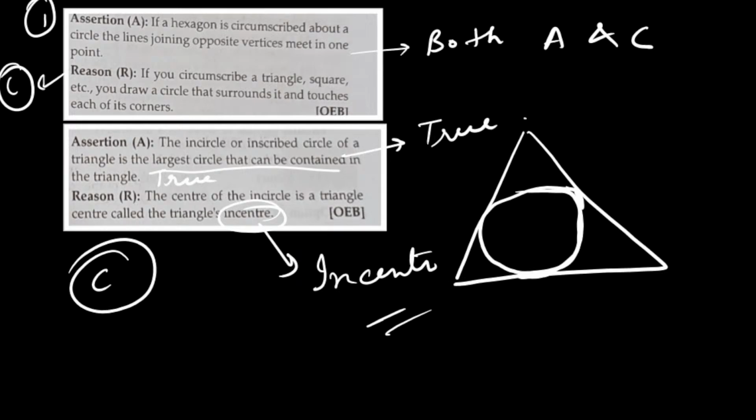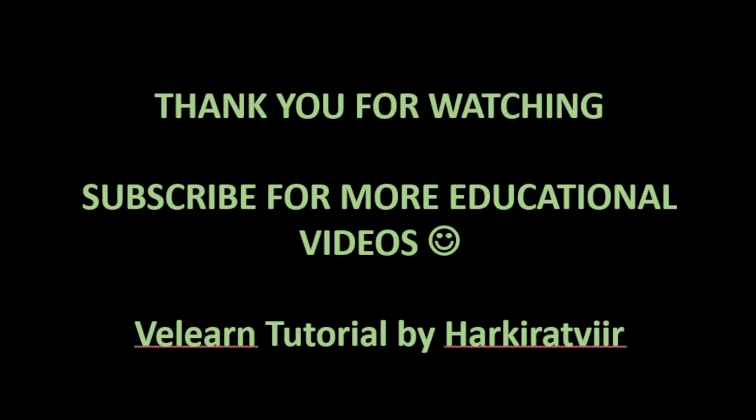So here we have completed. R is not false. In case of incircle, this is known as the incenter. In case of circumcircle, this is known as the circumcenter of whatever polygon we are drawing. This is a triangle, so this is the triangle's incenter. So here also both are correct.